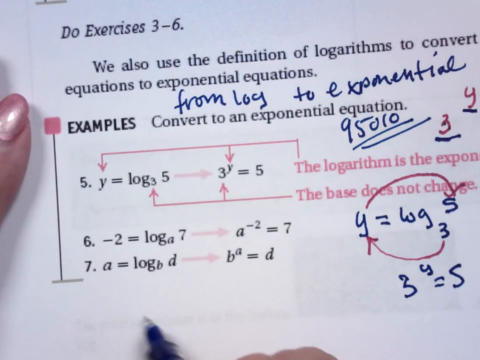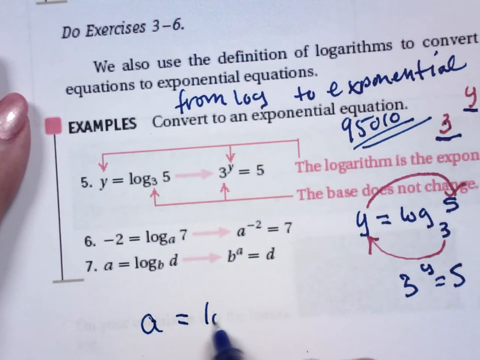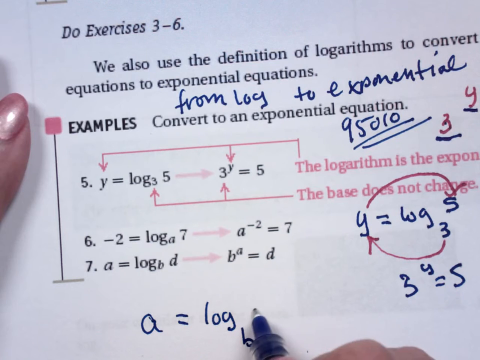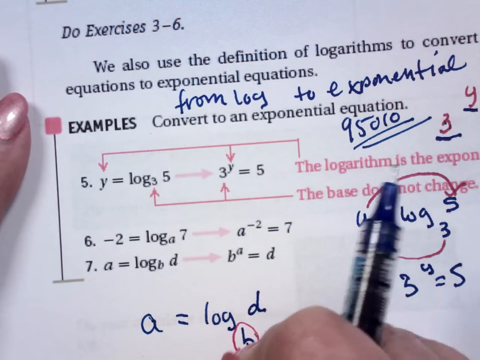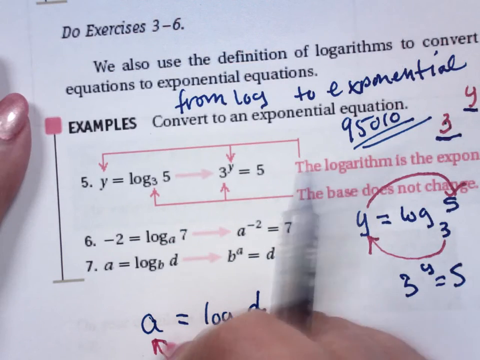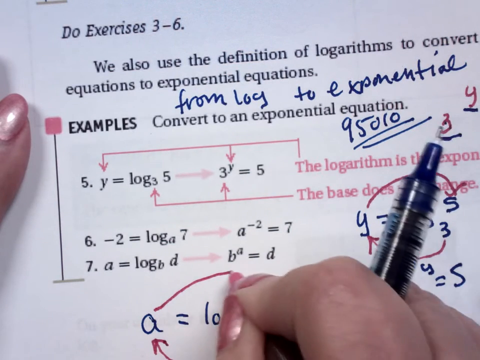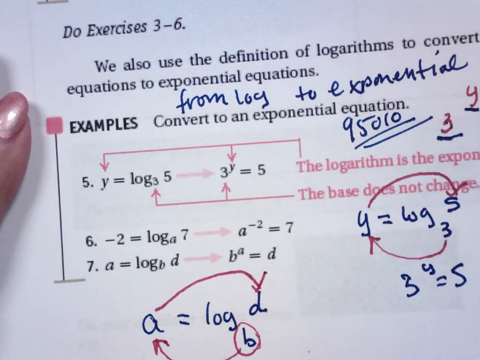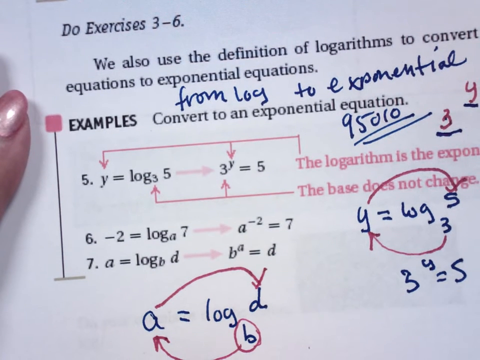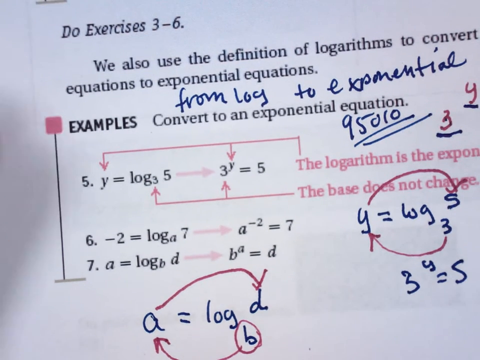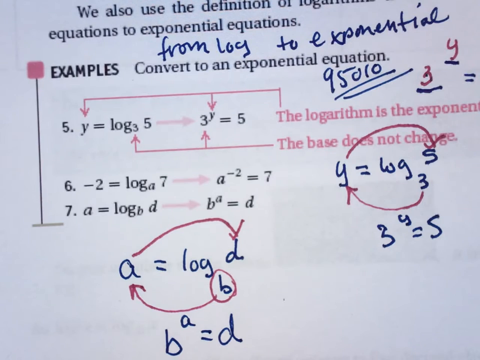So if I take a look at A equals log base B of D. Base to that power equals D. And I don't have to think about it.